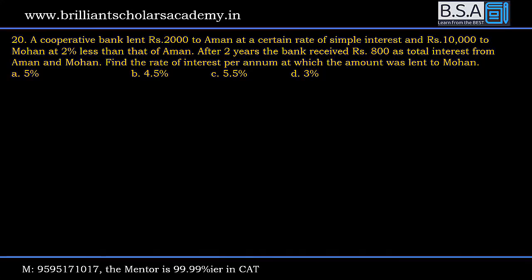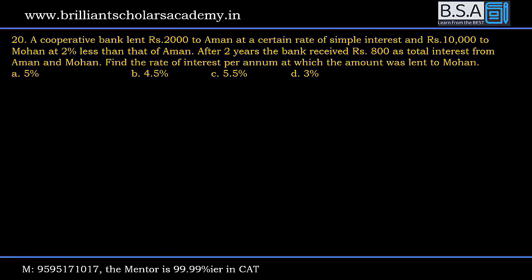A cooperative bank lent rupees 2,000 to Aman at a certain rate of interest and 10,000 to Mohan at 2% less than Aman. After 2 years, the bank received rupees 800 as total interest from Aman and Mohan. Find the rate of interest per annum at which the amount was lent to Mohan.